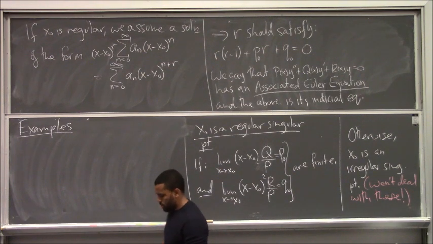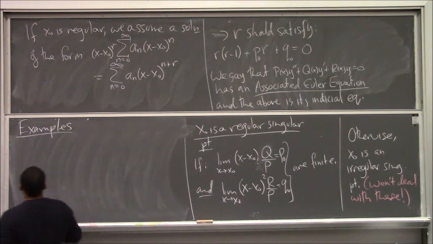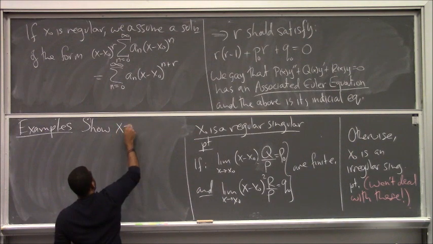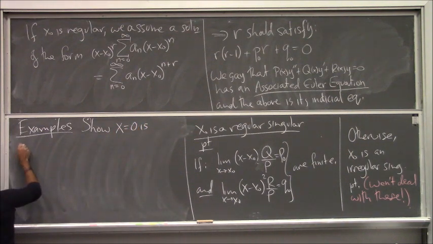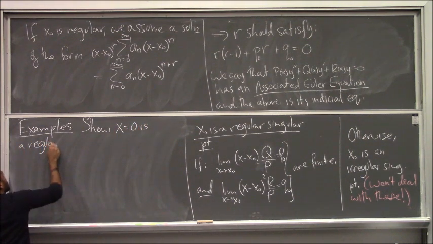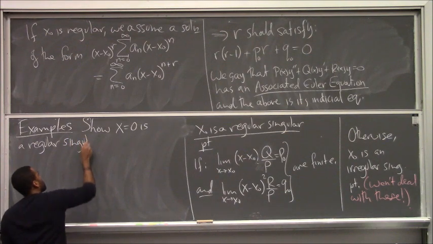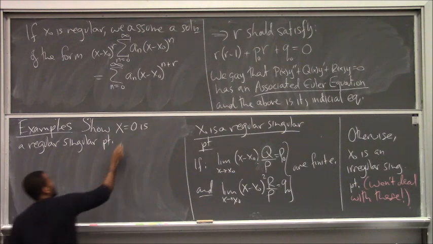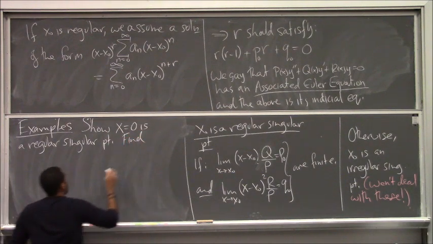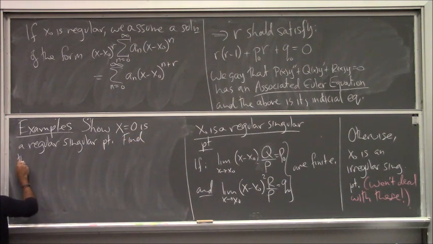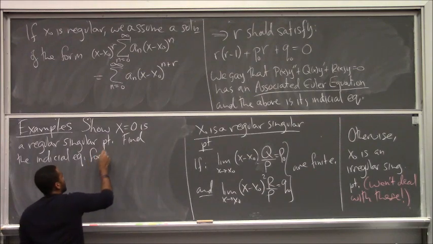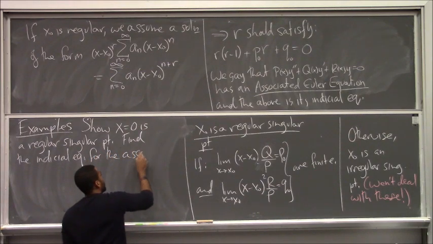What I'm going to want you to do is show x equals 0 is a regular singular point, and find the initial equation for the associated pair.